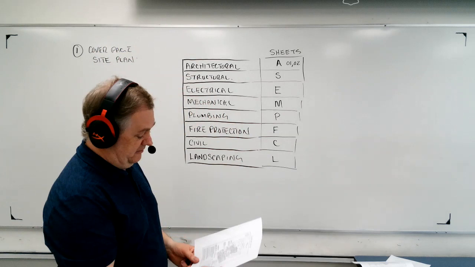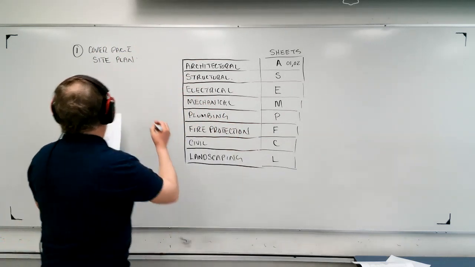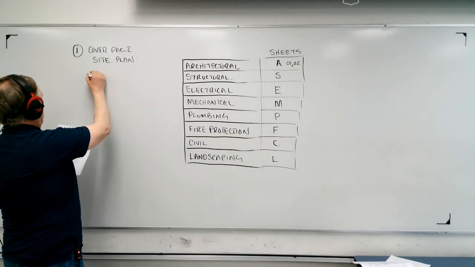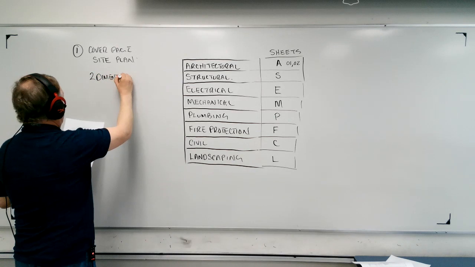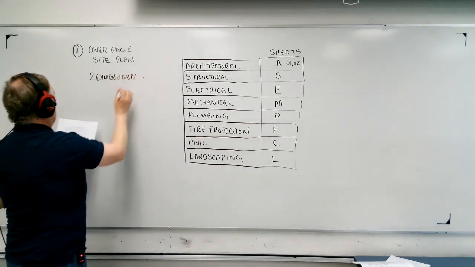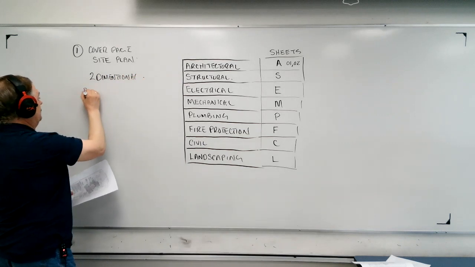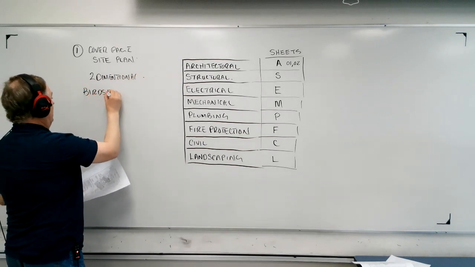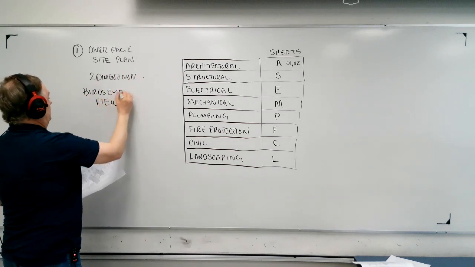A site plan is a two-dimensional plan. The view is straight down. We call this a bird's eye view.